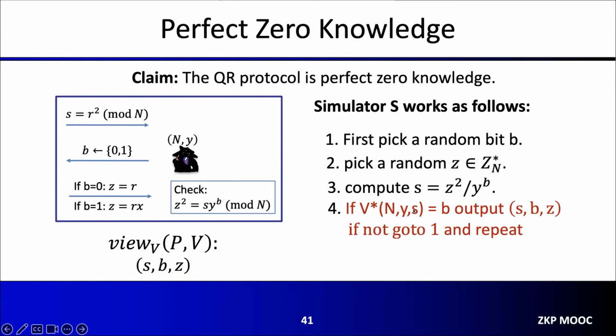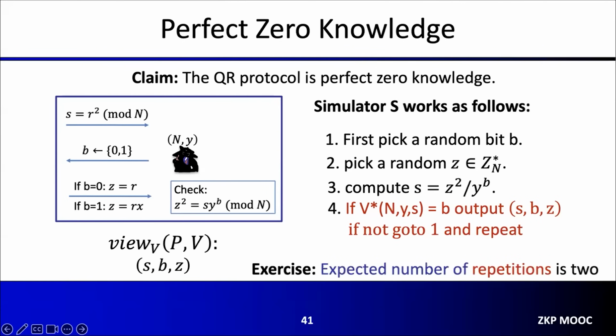Why am I hoping that this time it's going to be better? I don't know if this time it's going to be better, but I do know that whatever it is that V star is doing, this is a fixed behavior, but my B was chosen at random. What's the probability that a random bit will equal a fixed behavior? 50-50. And that means that within 2 trials, I will be lucky enough to hit on the question the V star would have asked.